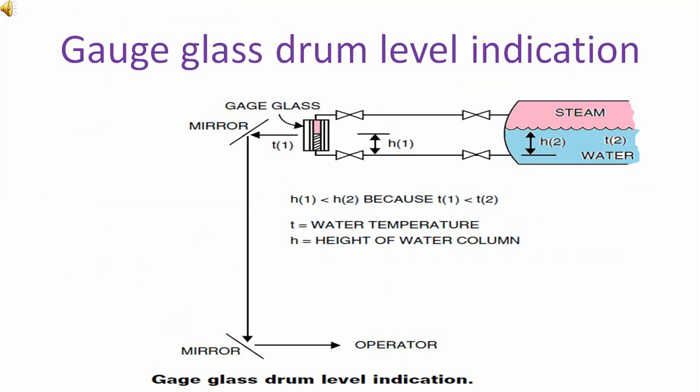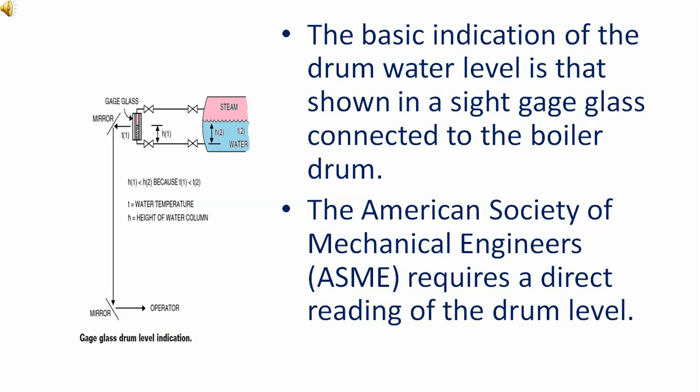Here is a diagram for gauge glass drum level indication. The basic indication of the drum water level is that shown in a sight gauge glass connected to the boiler drum. The American Society of Mechanical Engineers requires a direct reading of the drum level.